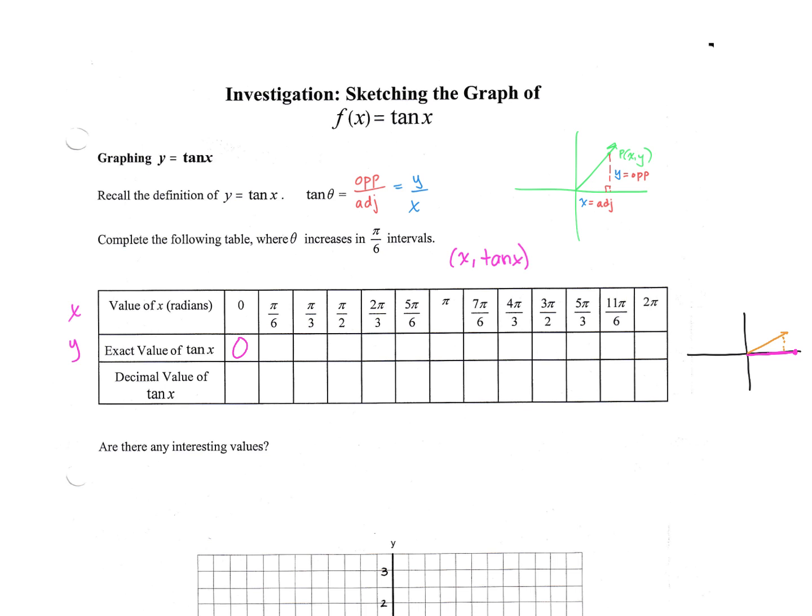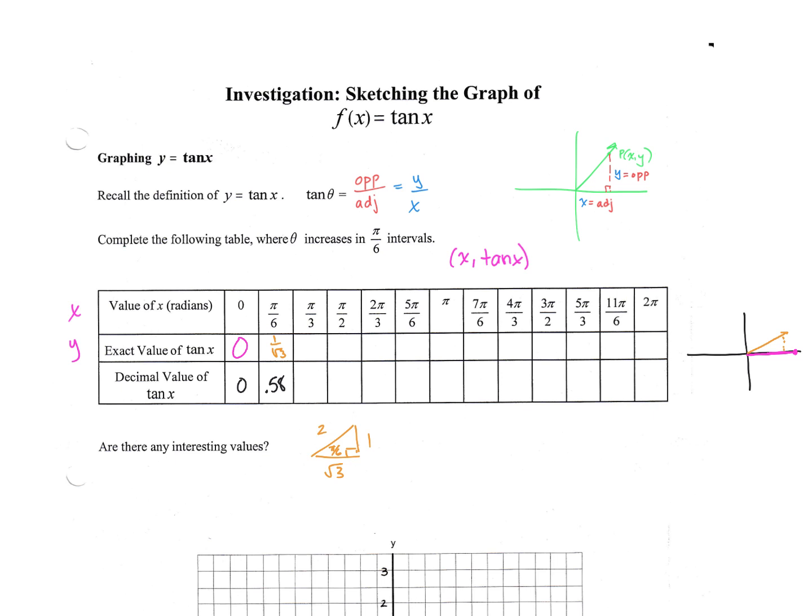And then if I rotate more, same thing. My height is getting bigger, my adjacent side is getting smaller, so I'm going to have a slightly bigger number. That's how I just want you to think about it. Where does it come from? For the majority of us right now, we're probably going to draw out our pi by 6 triangle and say tan of pi by 6 is 1 over root 3, and when you type that into your calculator, the approximate value is 0.58.